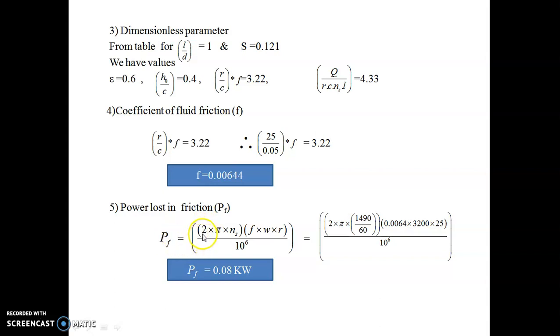PF is equal to 2 pi ns into F into W into R upon 10 raised to 6, it is in kilowatt. So ns 1490/60, F already calculated here 0.00644, W 3200, and R 25. By putting all these values, you can get PF equal to 0.08 kilowatt.